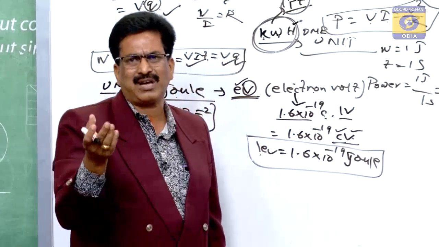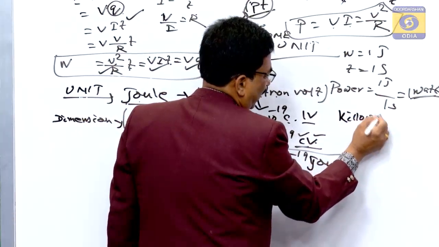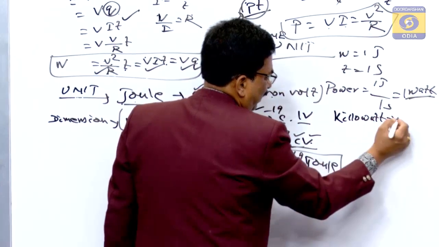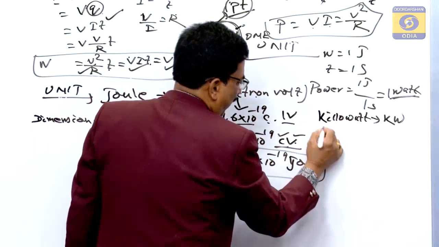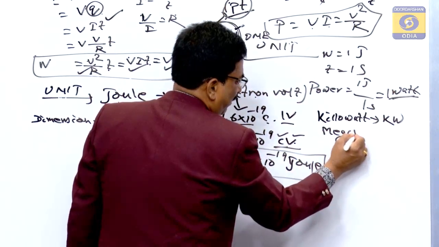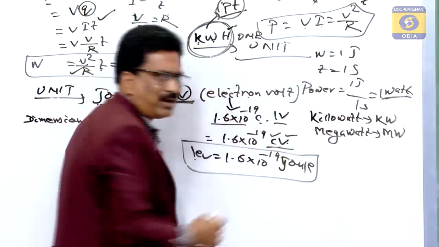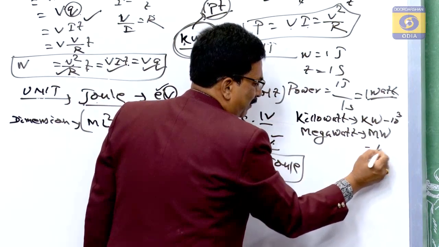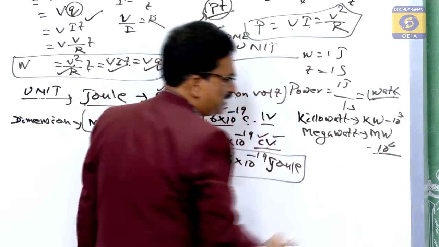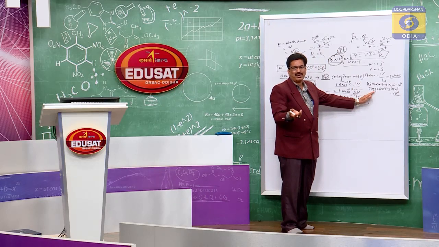Its higher units are the kilowatt, kW, and the megawatt, MW. Kilo means 10 to the power of 3, mega means 10 to the power of 6. Likewise, you can find the dimension.